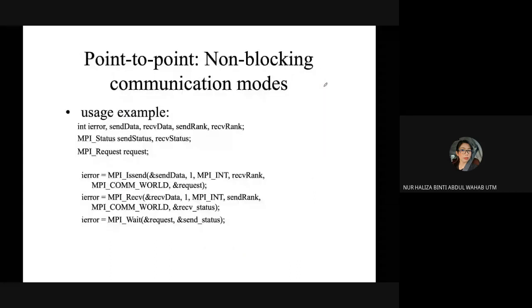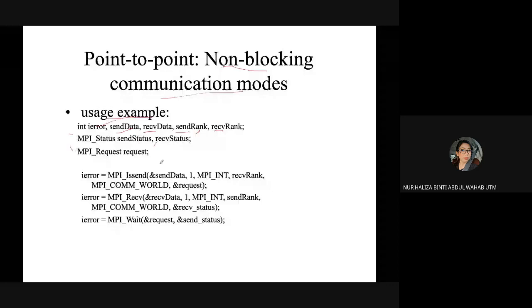Now you're going to see point-to-point, which is the non-blocking communication mode. This is a usage example of your send. You can see you have the send, receive, send rank, and receive rank. This is the usage example of how you're going to use all the sends and receives, the data, the rank, and so on in terms of your command.